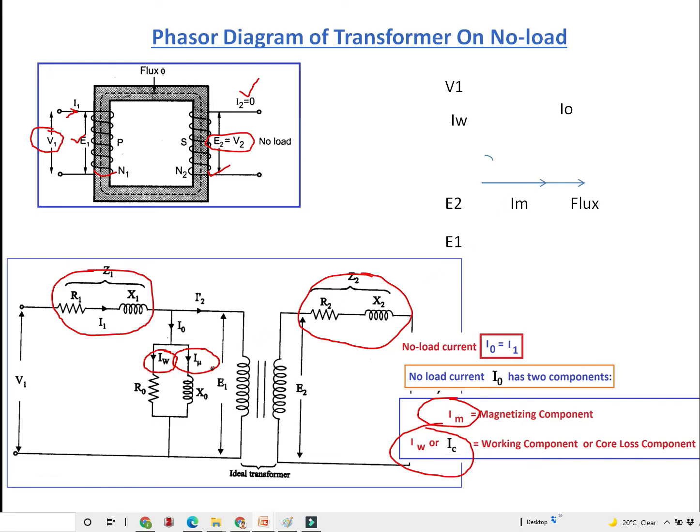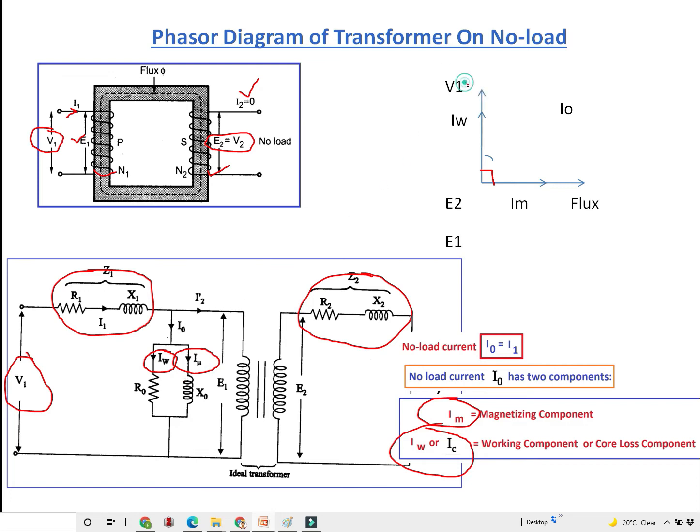And the magnetizing component is represented by a pure reactance, correct. So the input voltage leads, or in other words the magnetizing current lags the source voltage by an angle of 90 degrees, correct, because this is exactly 90 degrees due to the pure reactive component, correct.